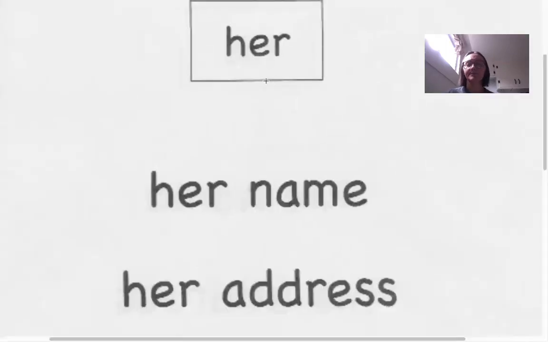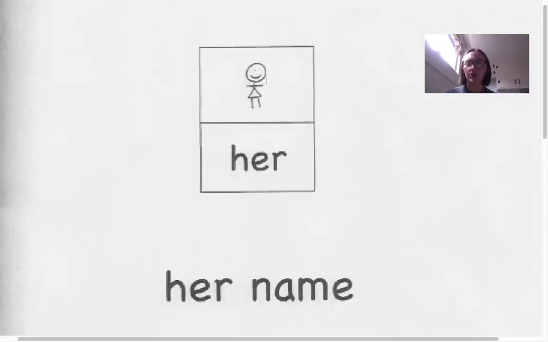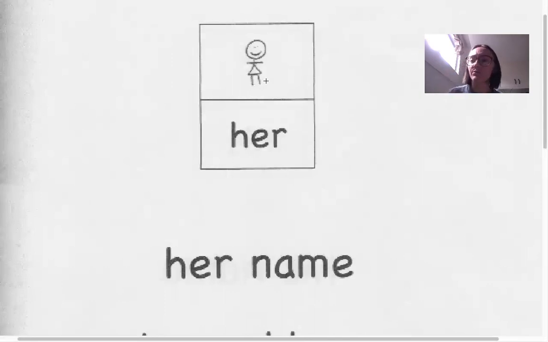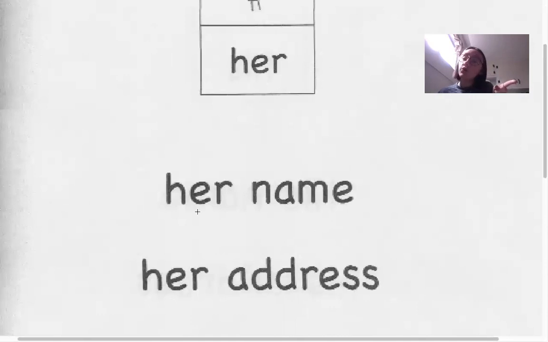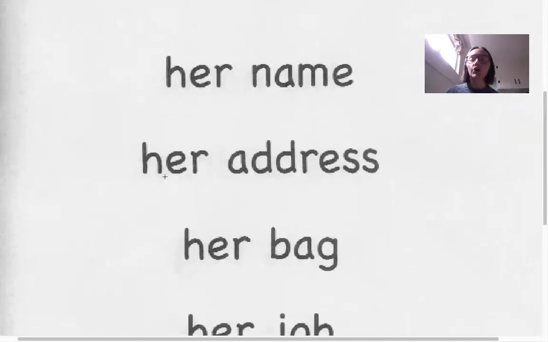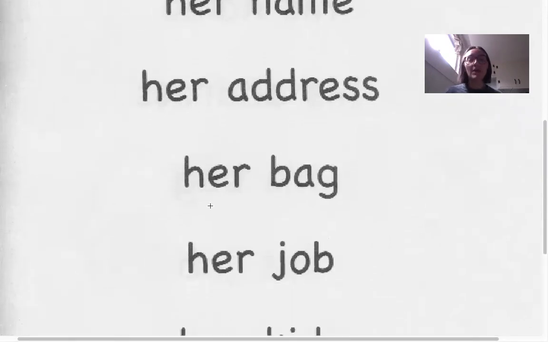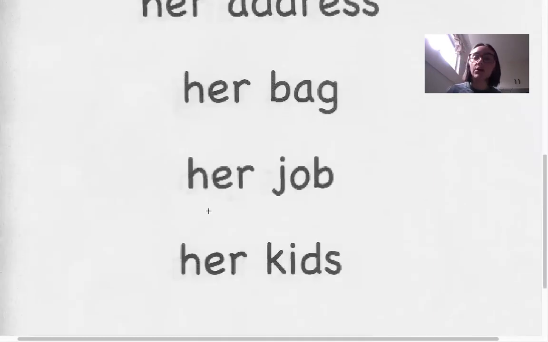Okay, here's the next one. Her, right? We use it when we use the word she. So we can say her name, her address, her bag, her job.